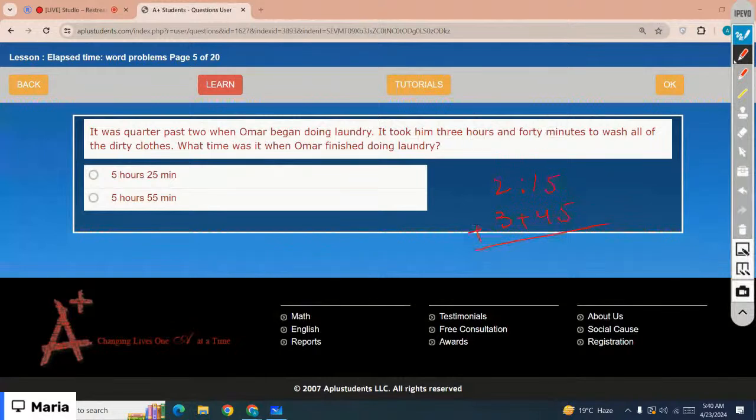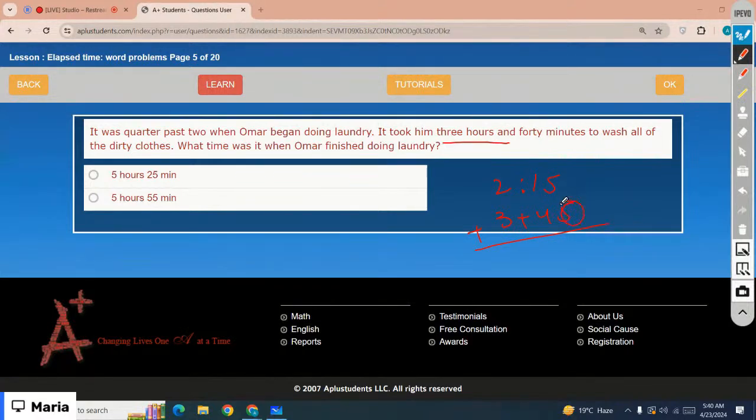No, what time was it when Umar finished doing laundry? Hold on, sorry, it is 40 minutes, not 45. 3 hours and 40 minutes, right?